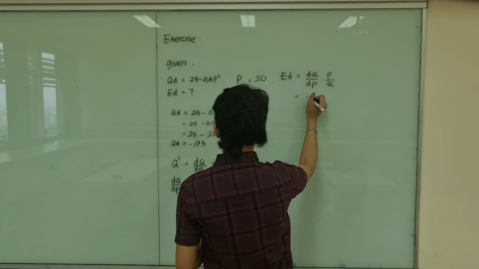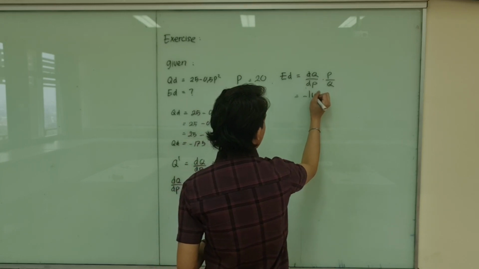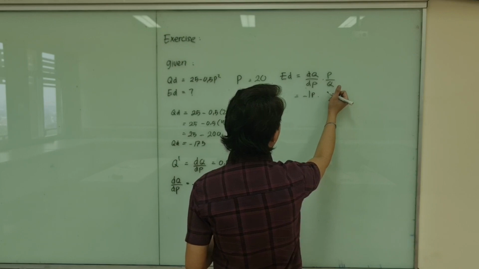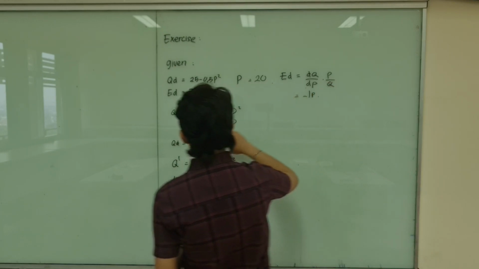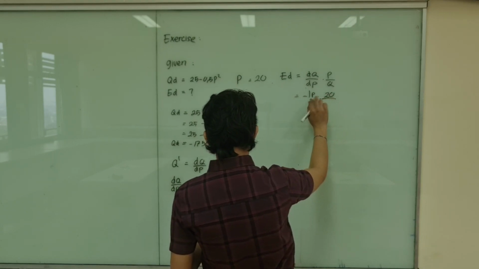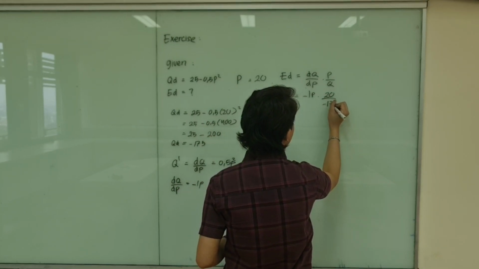The derivative is minus 1 times price 20 over minus 175.